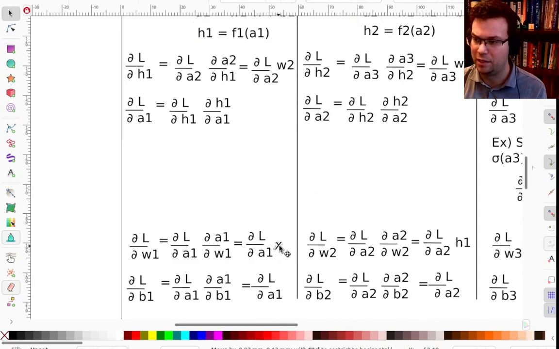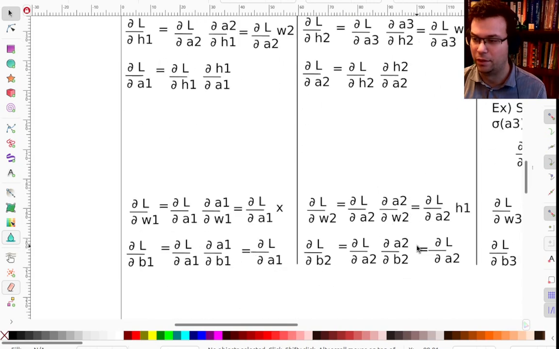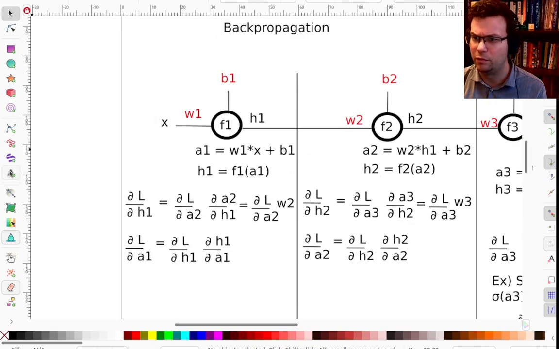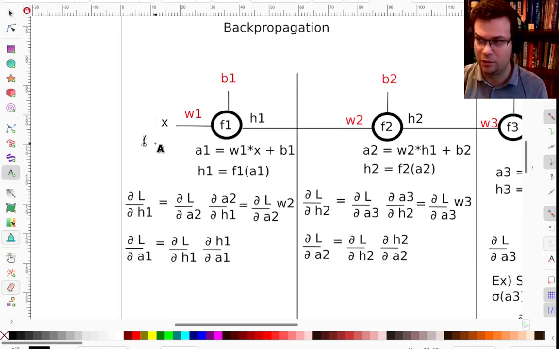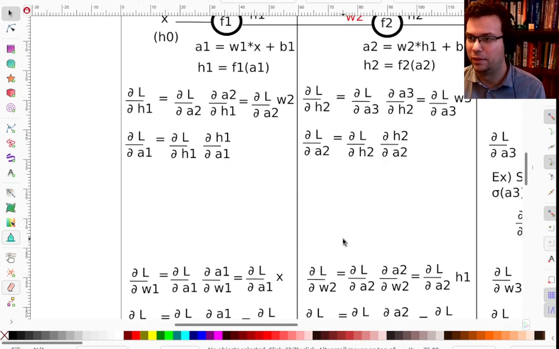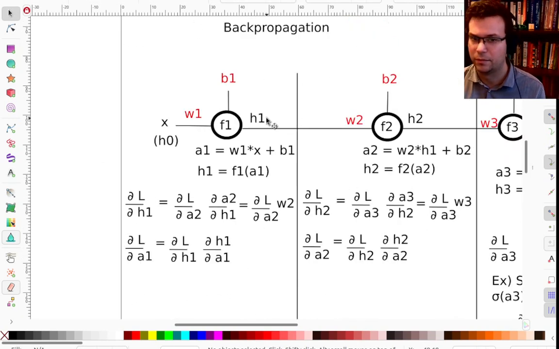Once we get all the way back to the beginning, finally you see where the input starts to influence things. So the input's going to flow through here. To be consistent with my notation, I could have called the input H0, and then the indices all line up.